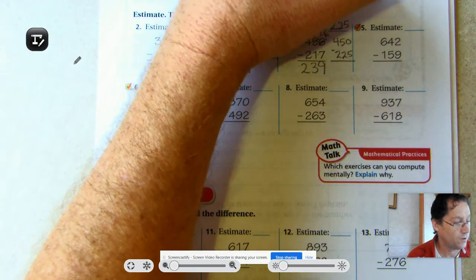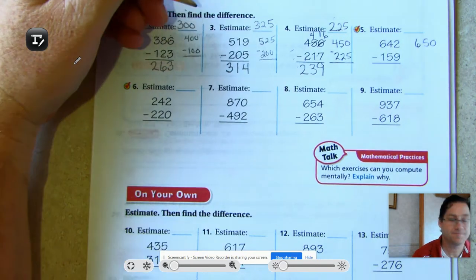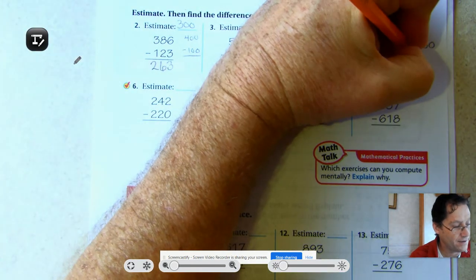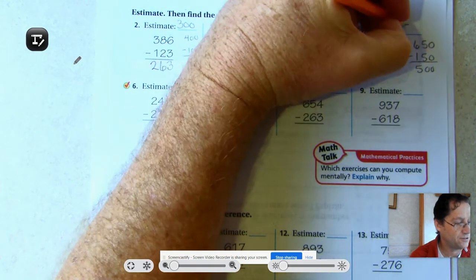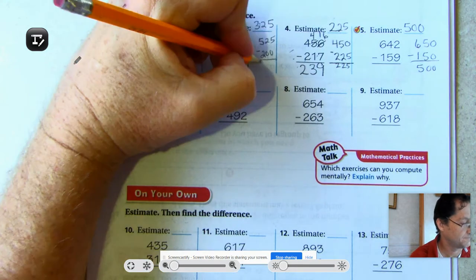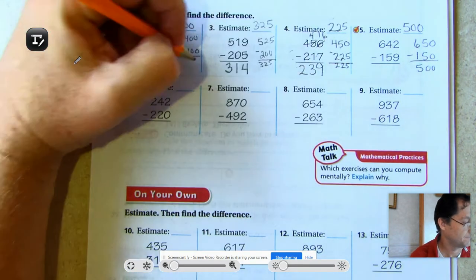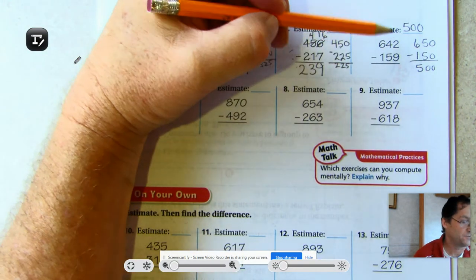Okay, number 4. I'm going to use compatible number 650 take away 150. So I should expect an answer about 500. So I have 2 ones.